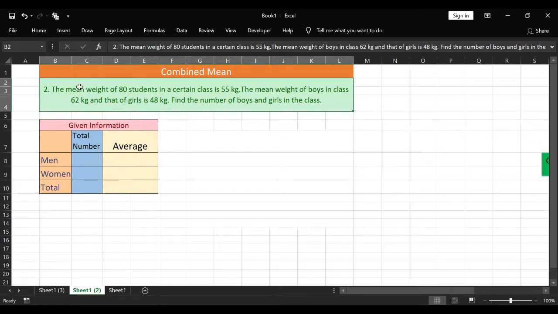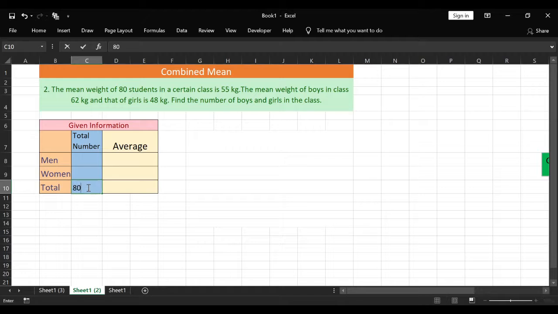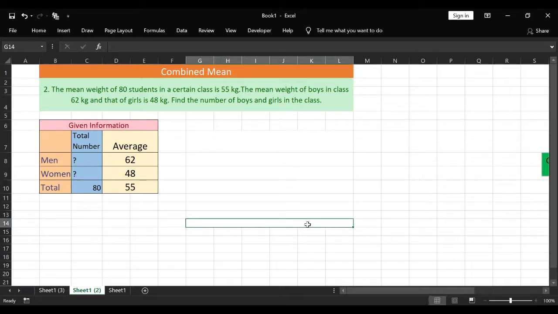The total strength of the class is 80 and the average weight of the class is 55 kg. Boys are 62 kg and girls are 48 kg. We have to find the number of boys and girls.